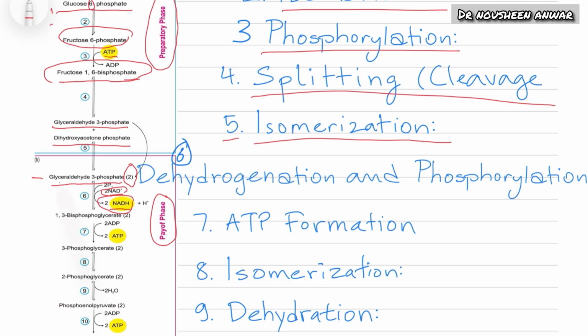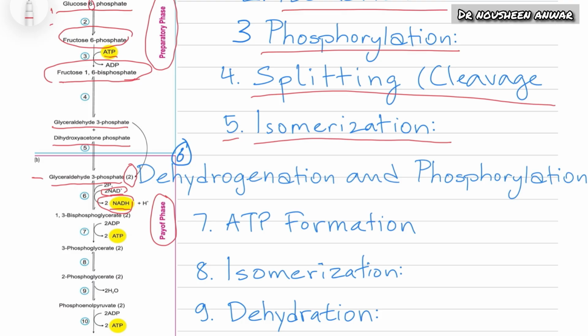Obviously, when the hydrogen ion is removed, this is called oxidation or dehydrogenation. De means remove, hydrogen means hydrogen: dehydrogenation, or oxidation.